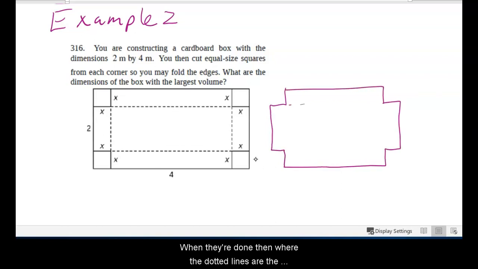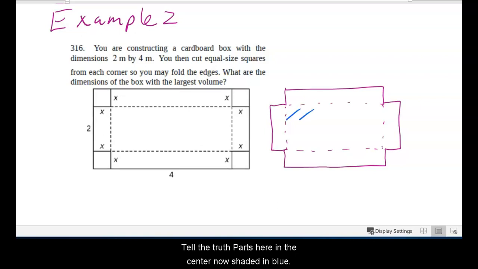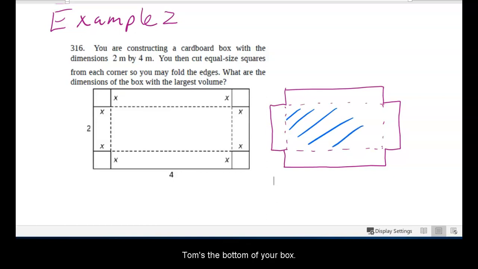When they're done, the dotted lines become the creases or the folds where you're going to take each side and fold it up. So that this part here in the center, now shaded in blue, becomes the bottom of your box.